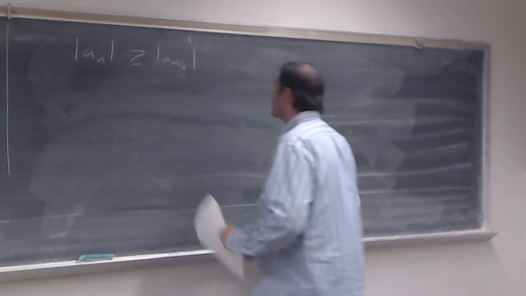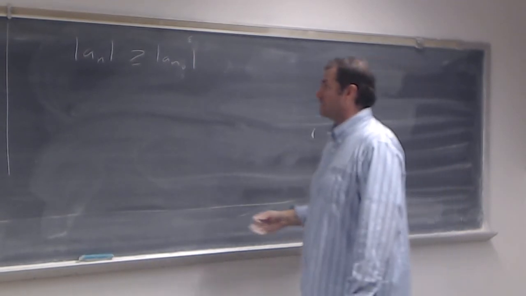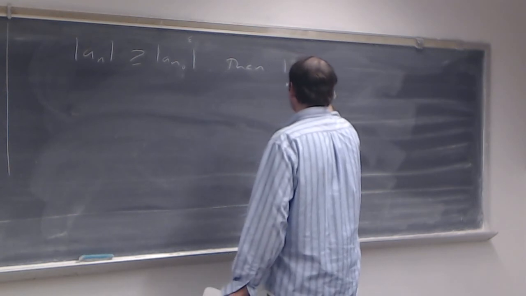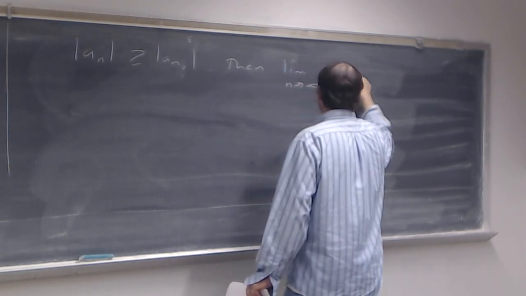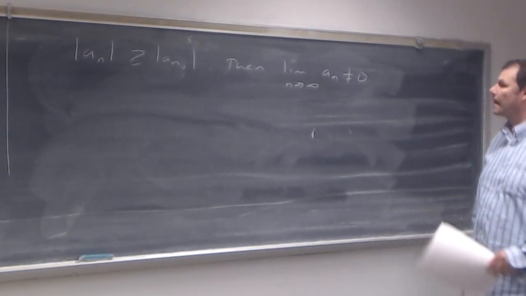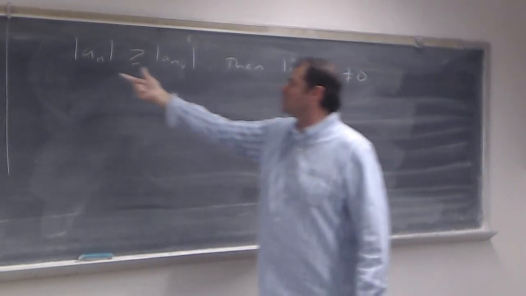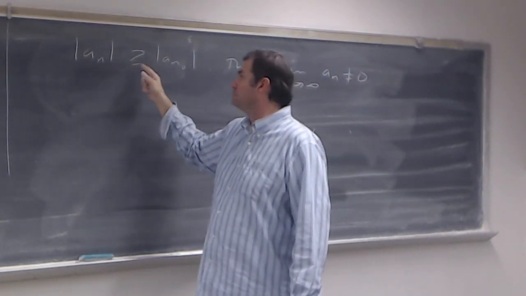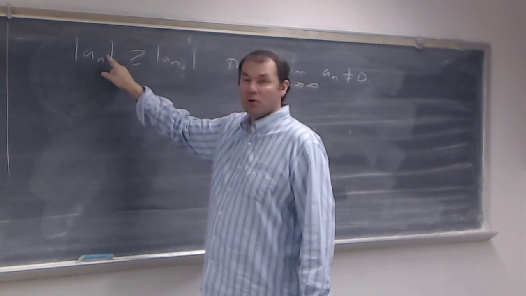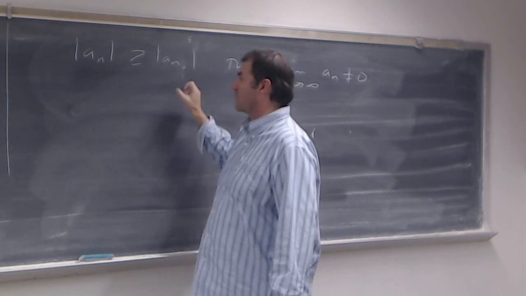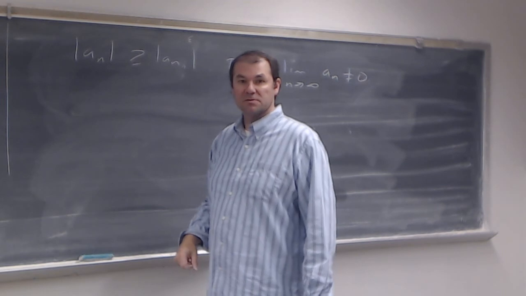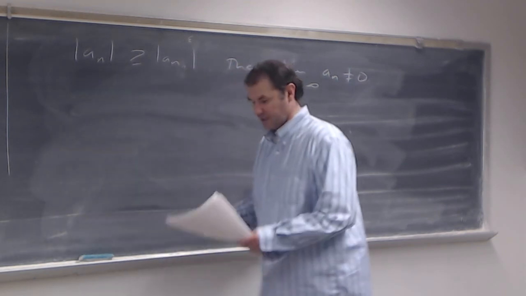Okay? And since that's happening, that forces the limit as n goes to infinity of the a sub n's to be different from 0. If it were equal to 0, the absolute value of a sub n minus 0 would be less than any epsilon that you give me. But if I give you this epsilon, this guy's always bigger than this. So it's never less than this quantity.